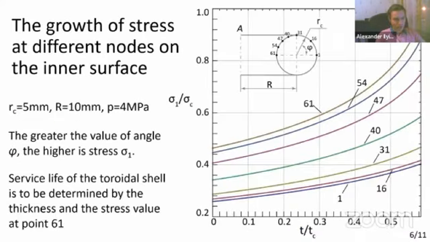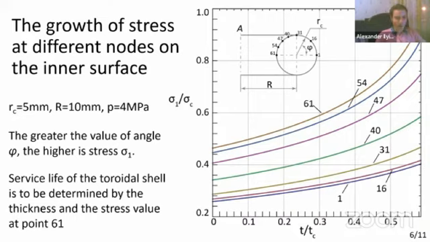This graph shows the growth of first principal stress at different nodes, marked by points with numbers, on the inner surface of the toroidal shell cross-section with time. As one can see, the greater the value of angle phi is, the higher is the first principal stress.